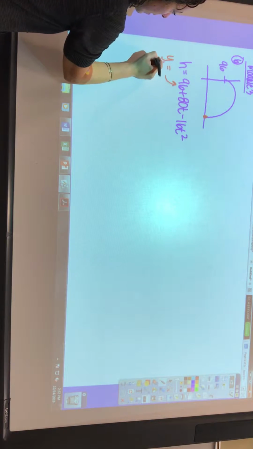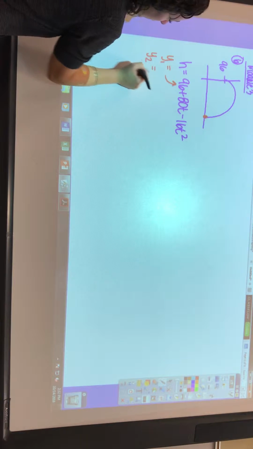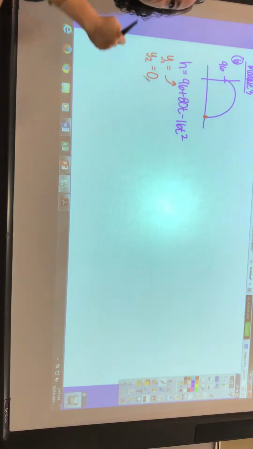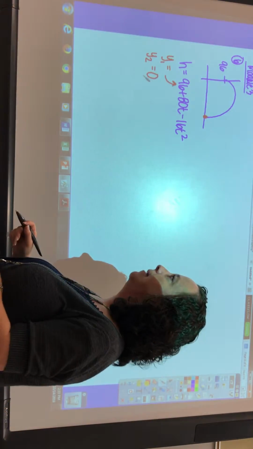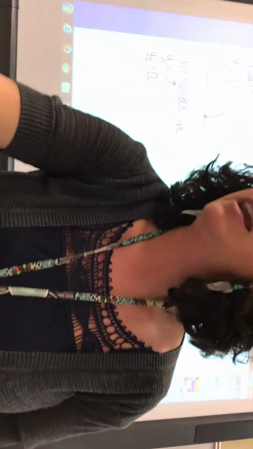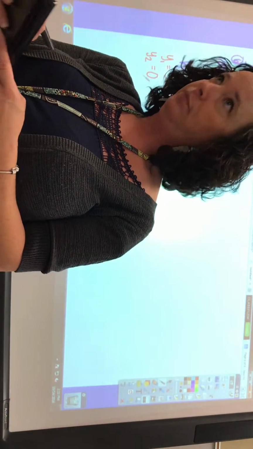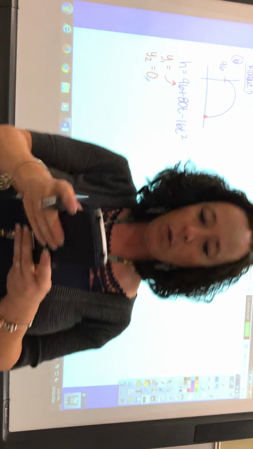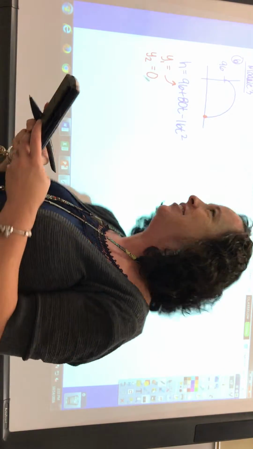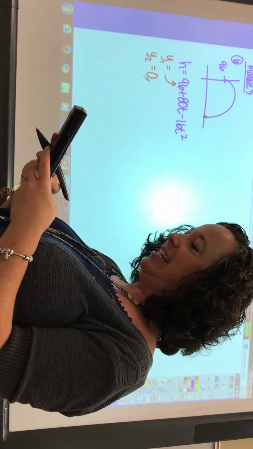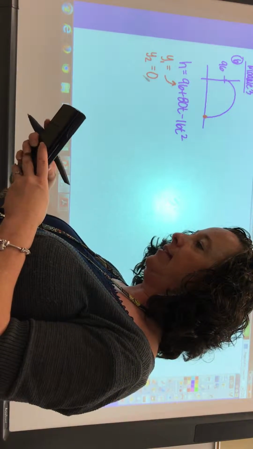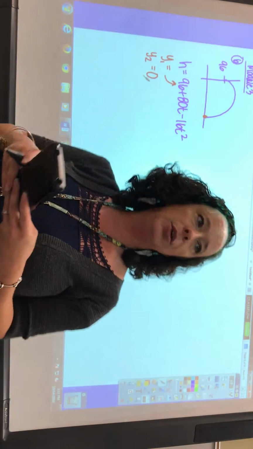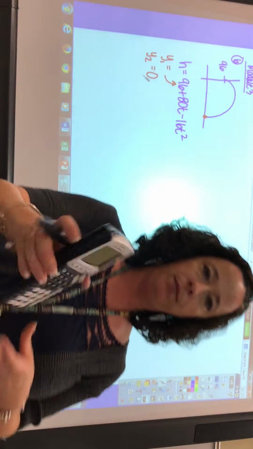That. What am I going to put into y2? A 0, because when you hit the ground, the height is 0. So get your calculator, please. Y equals, clear out whatever's in there, 96 plus 80x minus 16x squared. And y2 is 0.